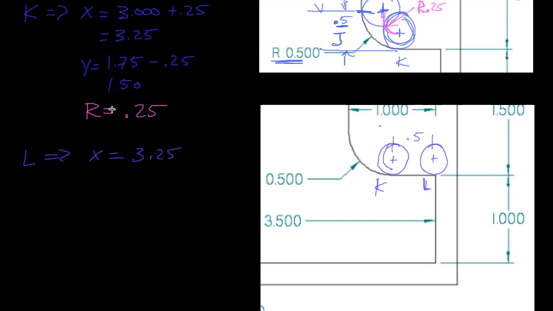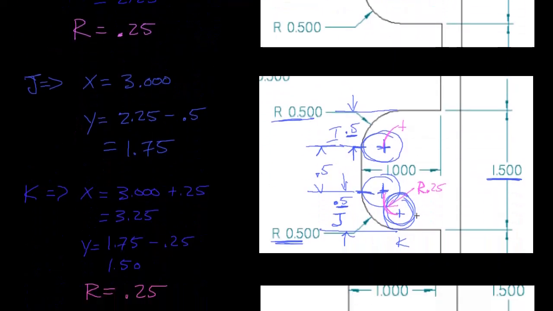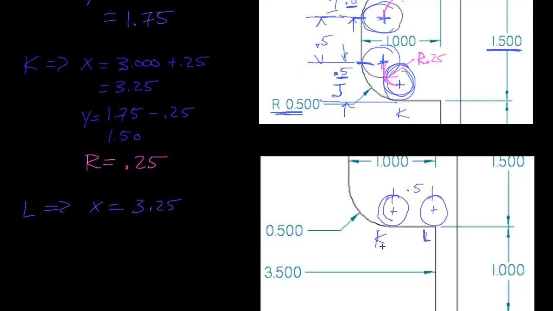And I know it's a half inch because we already figured it out up here. So between J and H was a half inch. It's sort of the same thing, just on the other side of the feature. It's going to move another half inch, so plus 0.5 inches, and that's going to equal 3.75 inches. All right, and my y is going to stay at 1.5 inches.